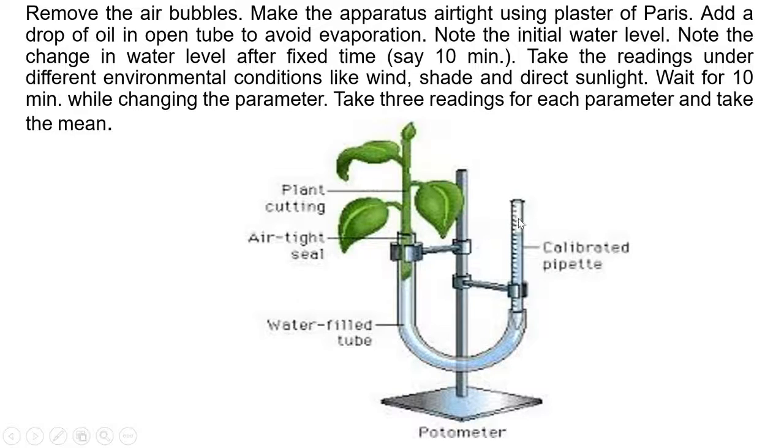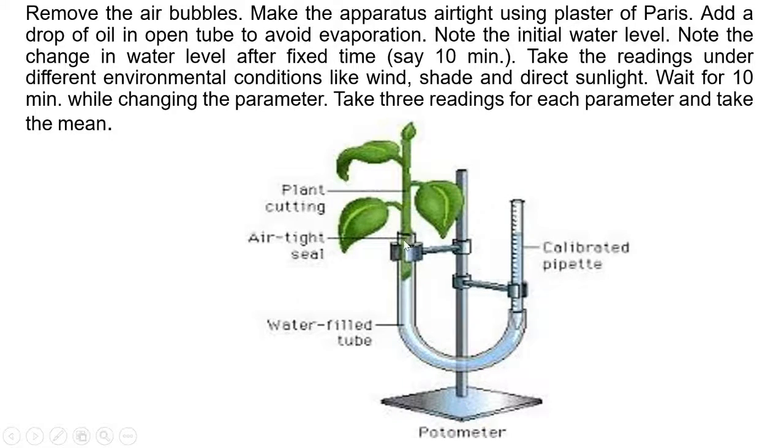After that we have to fill the water in this potometer and make the level 0 here. Then after fixing the plant twig on the cork of the burette potometer, we have to make the apparatus airtight using plaster of Paris.